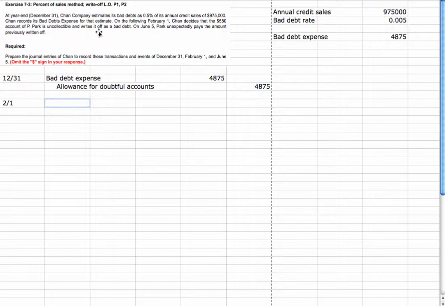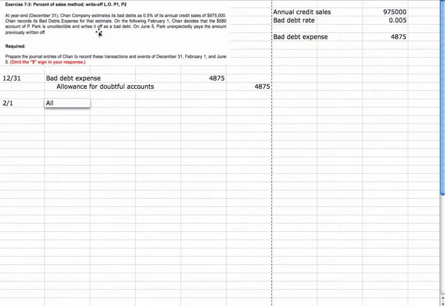Because we're doing the allowance method, we are not recognizing bad debt expense because of the write-off. Instead, what we're going to do is reduce the allowance for doubtful accounts for the amount of the invoice that we're writing off.